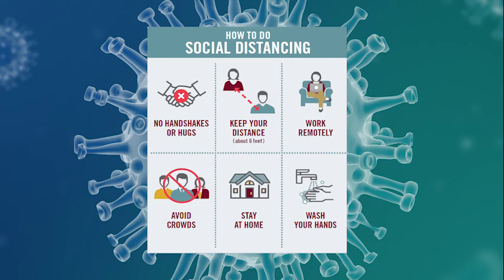We also hear the term social distancing. Preferably we like to say physical distancing, meaning we avoid handshakes or hugs because we don't want to transmit disease through contact. We keep our distance, and presently we're advised to stay at least 6 feet or more away from each other.